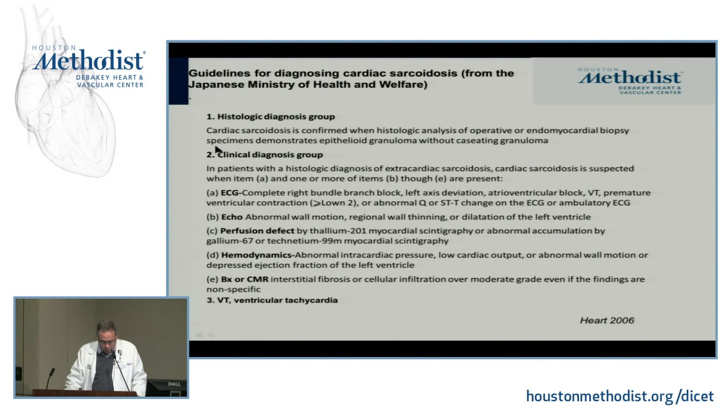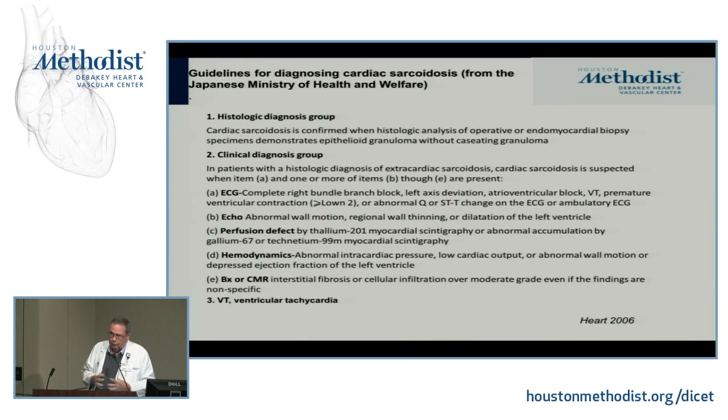You can see here, whenever you see a lot of things listed, you know that you don't have a stamp on making a diagnosis. So yeah, of course, the diagnosis is histologic. I mean, that's the ultimate proof is by histology. And then you can have in the EKG, you can have prolonged PR, right bundles, left bundles, a lot of electrical blocks, but you can also have PVCs, VTAC, you name it.